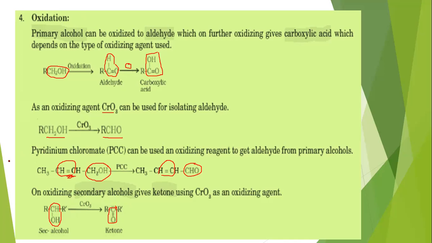So remember, primary alcohols on oxidation give aldehydes and secondary alcohols on oxidation give ketones. But tertiary alcohols are stable to oxidation.